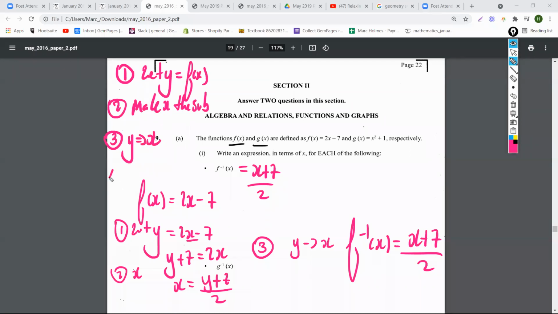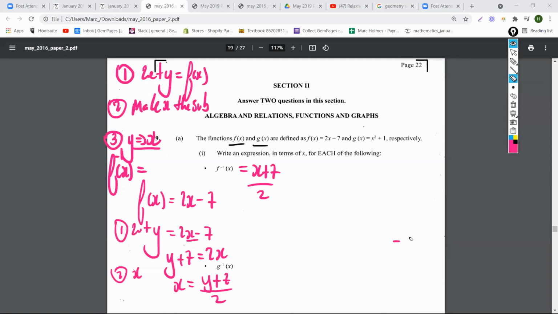And then f to the negative 1 of x is equal to the change. So those are the 3 steps to find the inverse, guys. That's not too bad. So we found the inverse there, x plus 7 over 2.